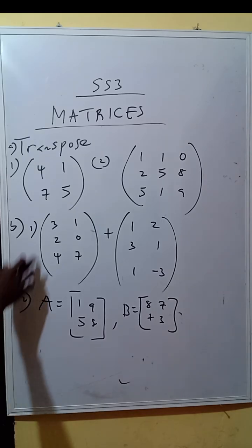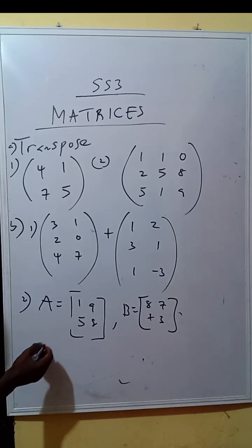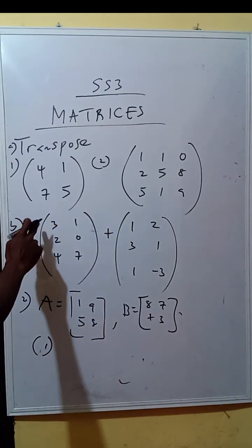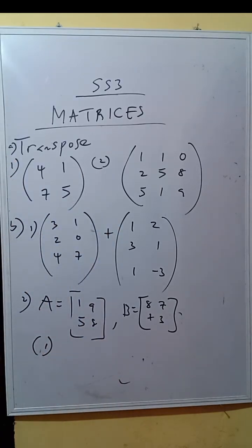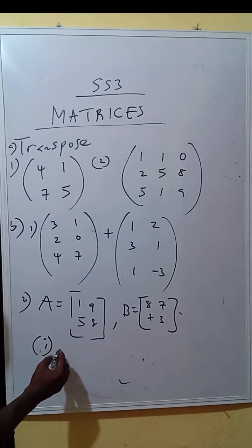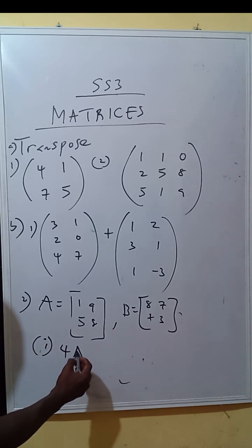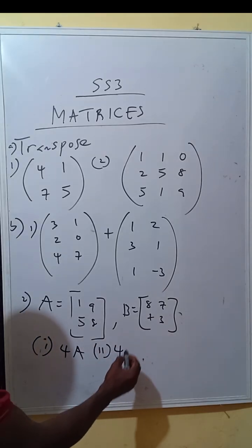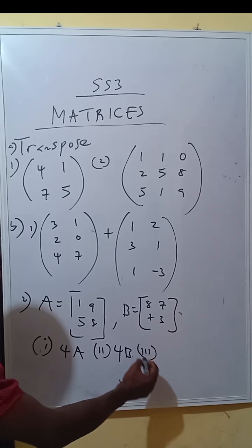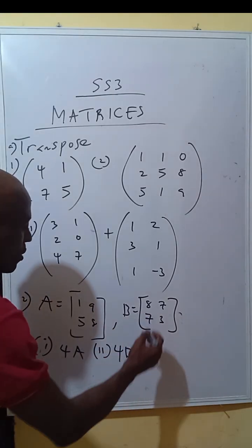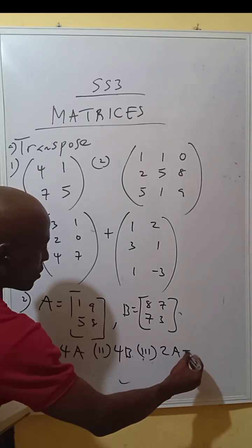There's question A and question B. So you find 4A, and you find 4B. You're in SS3, you should be expecting more problems. Then 2A minus B.